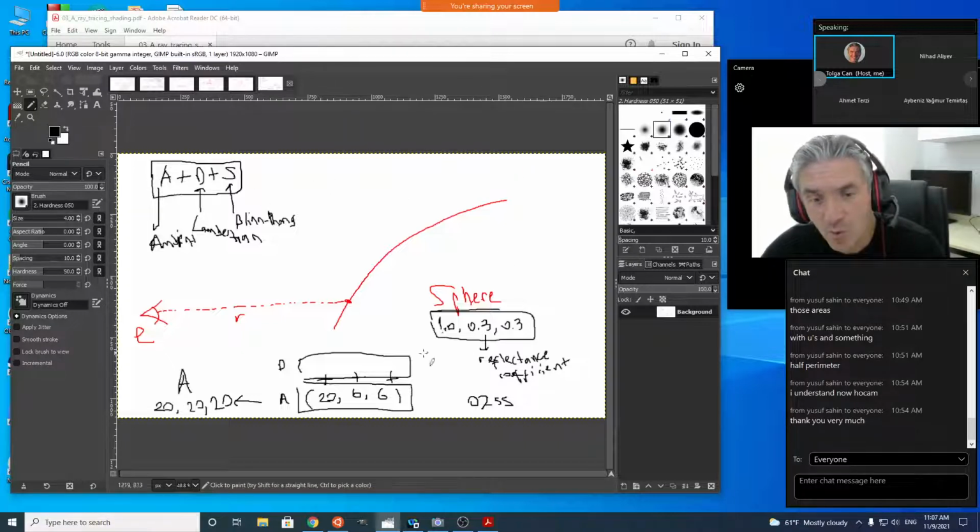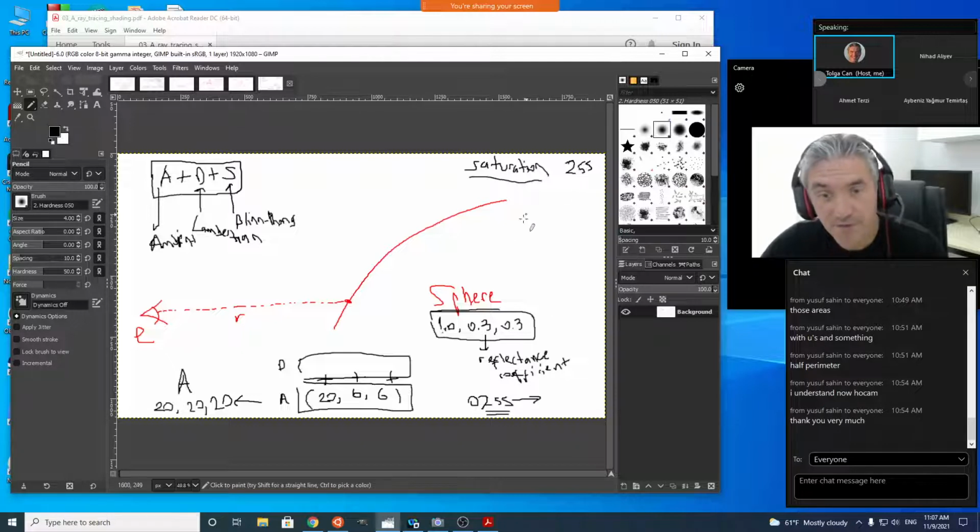what happens when these values go beyond 255? This is what we call, and it happens in real life in cameras too, in physics, saturation. Saturation means that the green value has achieved its brightest, largest value, 255, and even if you add more light sources to this red component or green component or blue component, this is the maximum it can get.